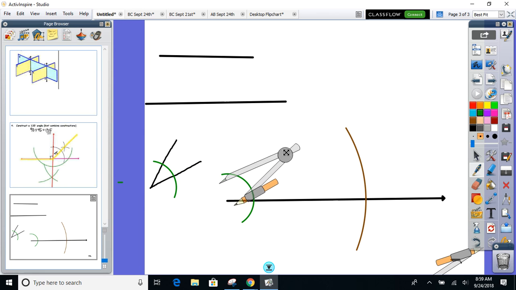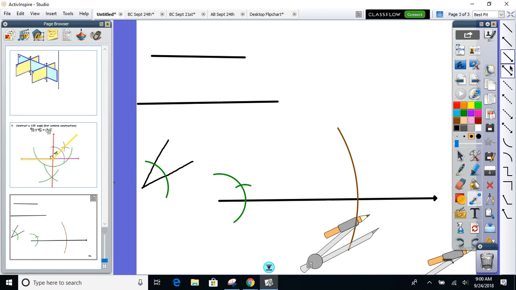Anybody remember where my compass goes now to copy that angle? 2 points of intersection. And now where's my compass go? Not back to the end point. Right there. So all I'm doing is copying an angle right onto the ray.